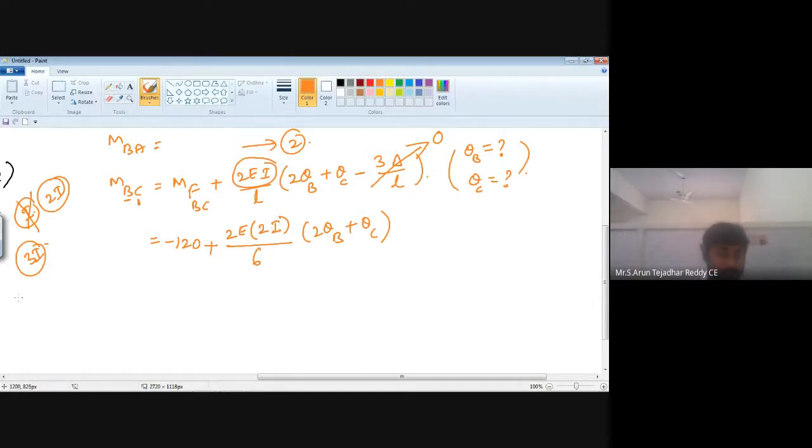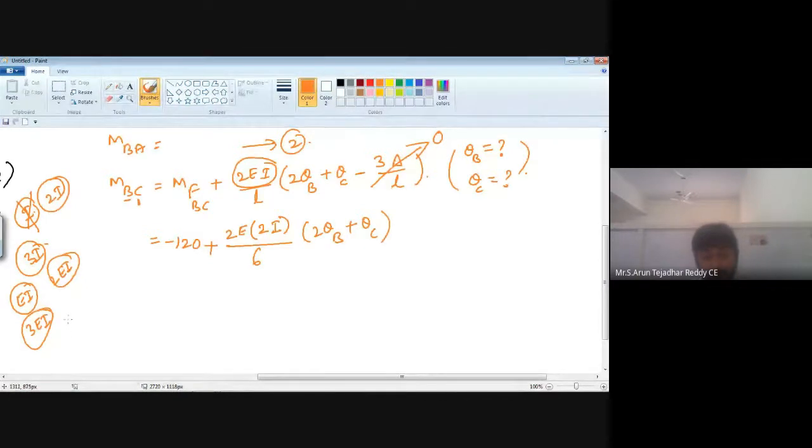Sometimes he will give directly EI, no problem. Sometimes he will give 2EI, so at that time in place of EI substitute 2EI. Suppose sometimes he will give 3EI, in place of EI just substitute 3EI.